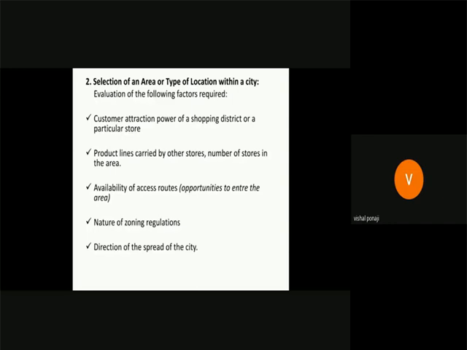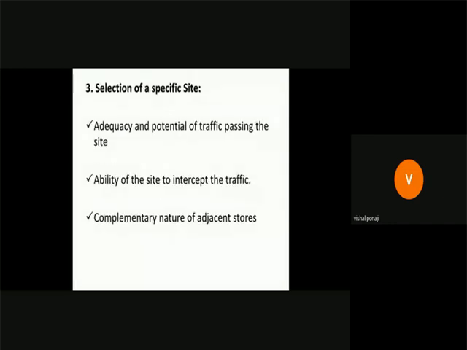Fine. So once you select a location, in that location you have to select a place, a site. See to it that there is adequacy and potential of traffic passing in front of that particular site, where more pedestrians or vehicles move.